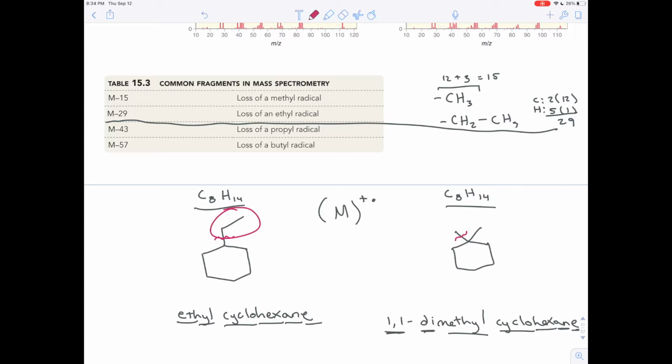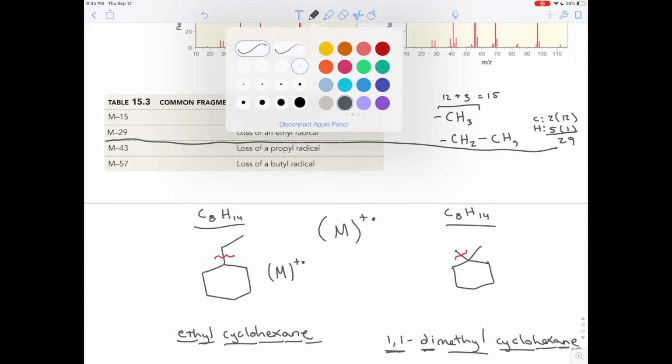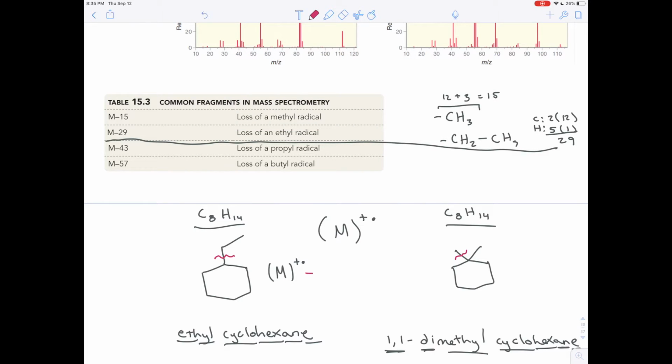If this ethyl branch gets kicked off, then the molecular mass of the molecule, which looked like it was around 112, wherever that molecular ion peak is, you should have a new peak at minus 29, for ethyl, because an ethyl branch weighs 29 AMU.